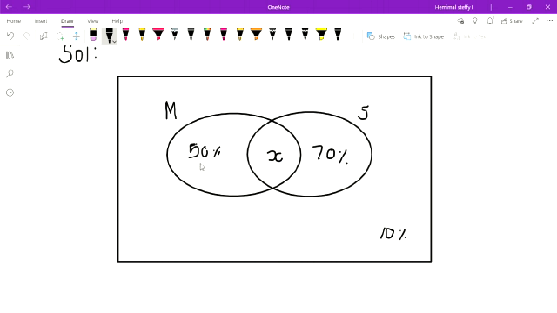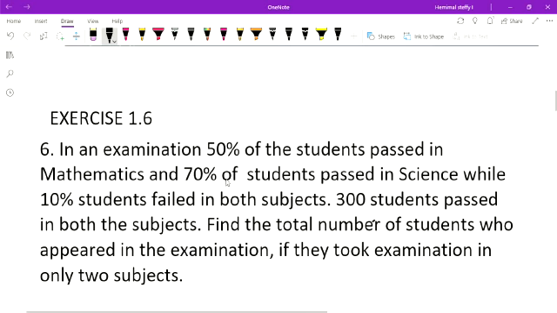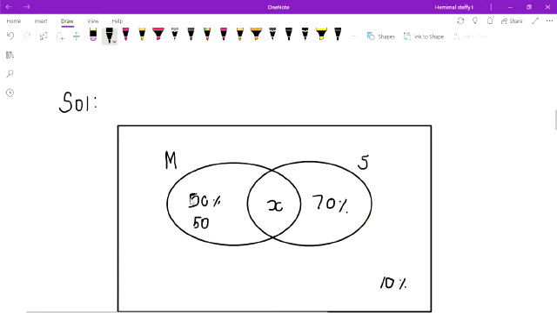The 50% of maths students includes x also, and the 70% of science students also includes x.